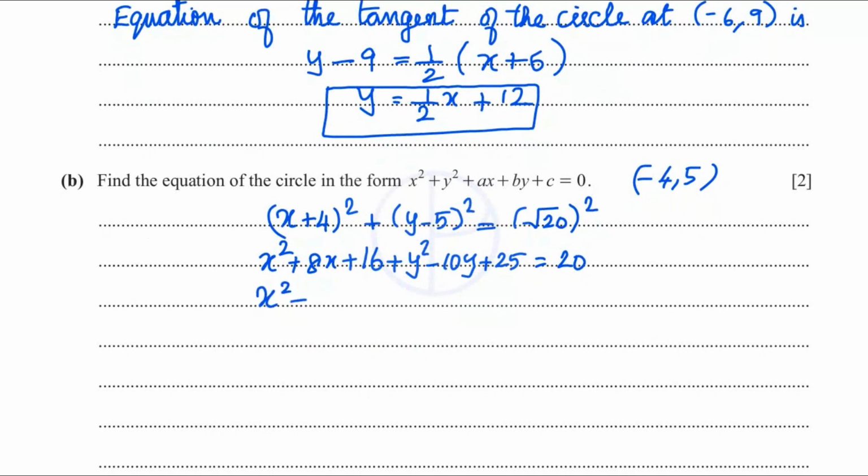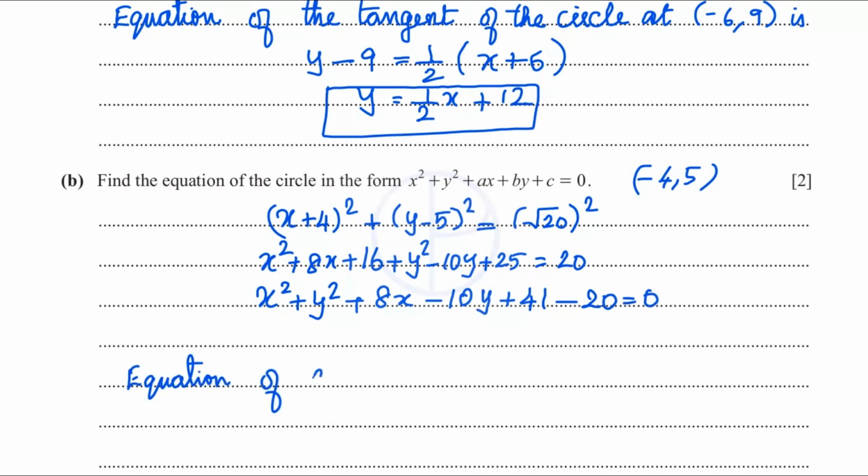So x squared plus y squared plus 8x minus 10y plus 41 minus 20 equal to 0. So the equation of the circle is x squared plus y squared plus 8x minus 10y plus 21 equal to 0.